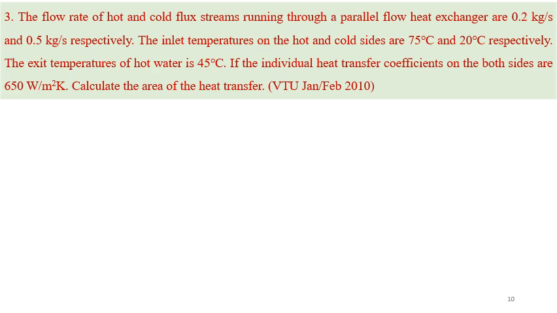They have given the flow rates of hot and cold fluid streams running through a parallel flow heat exchanger, 0.2 kg per second. Here the type of heat exchanger is directly given as parallel flow, and there are two fluids, a hot fluid and a cold fluid, whose mass flow rates are given. Please note that the inlet temperatures of hot and cold fluids are 75 degrees centigrade and 20 degrees centigrade.